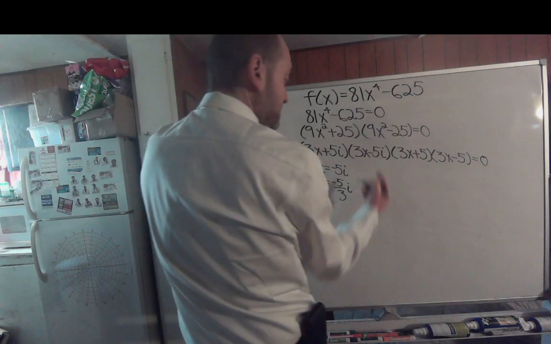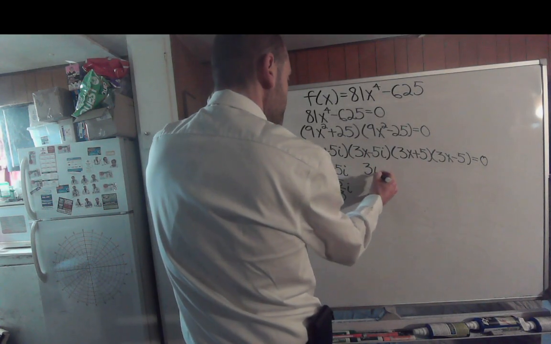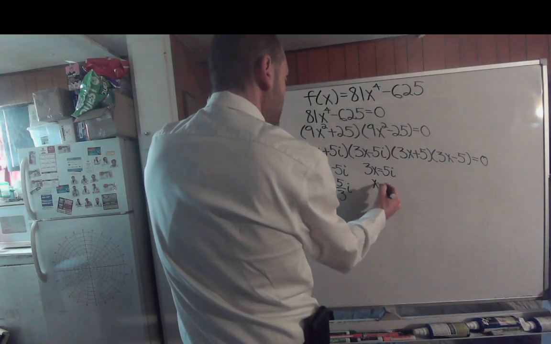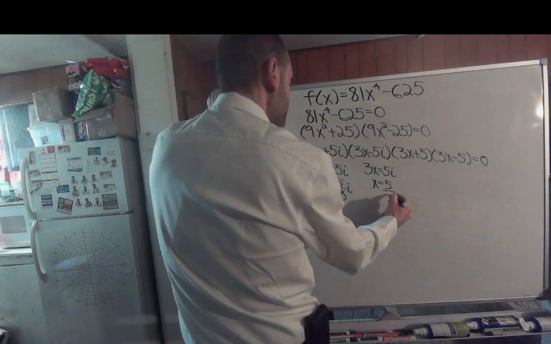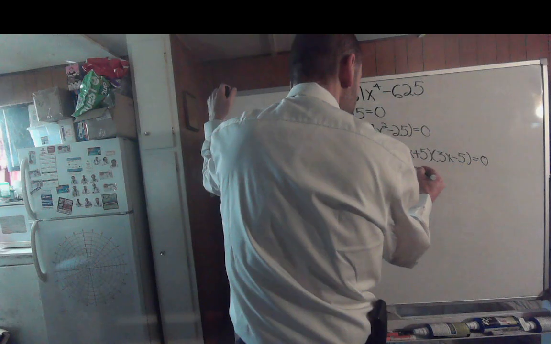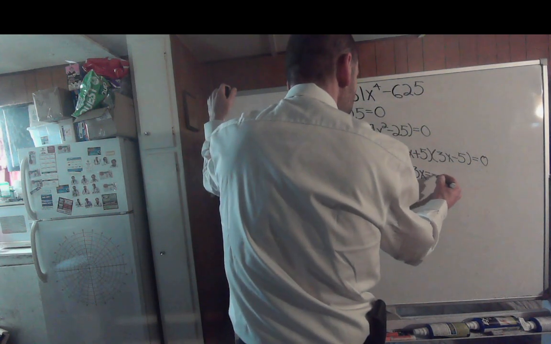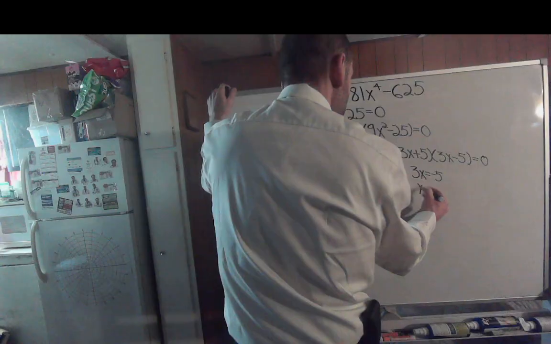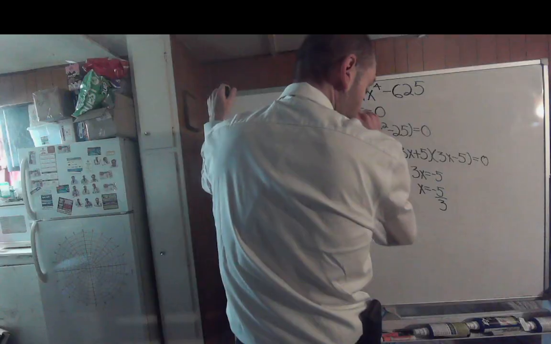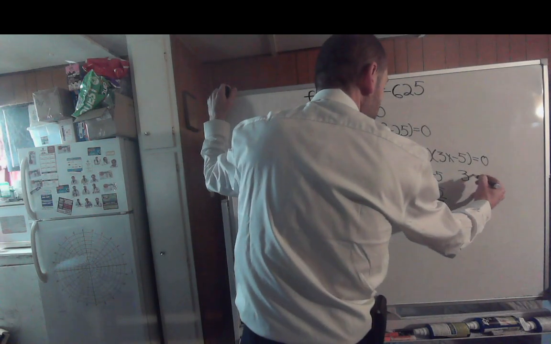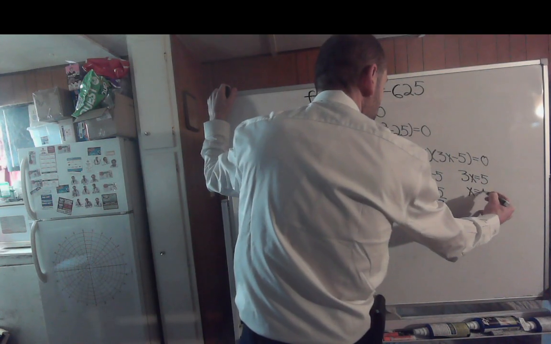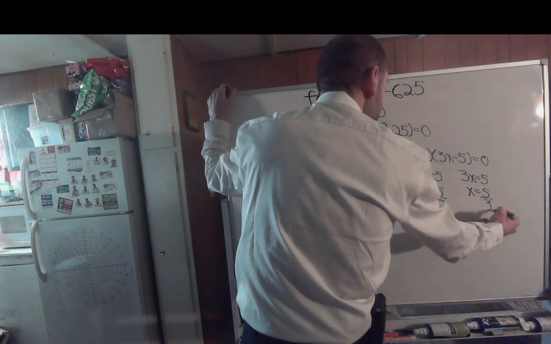And then 3x minus 5i equals 0, so 3x equals positive 5i. X would equal 5/3 i. 3x plus 5 equals 0, so 3x equals negative 5, x equals negative 5/3, and then 3x minus 5 equals 0, so 3x equals 5, so x would equal 5/3.